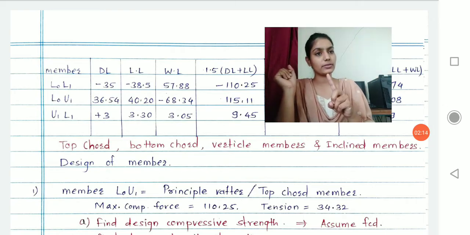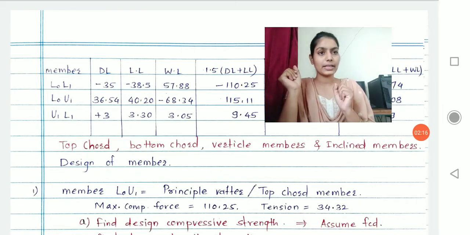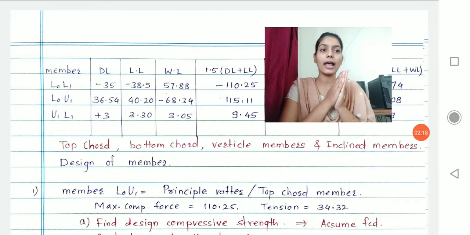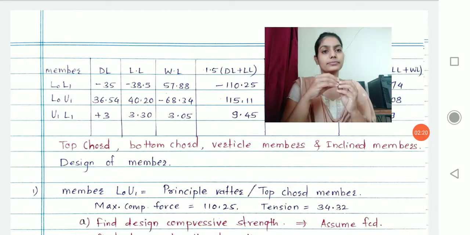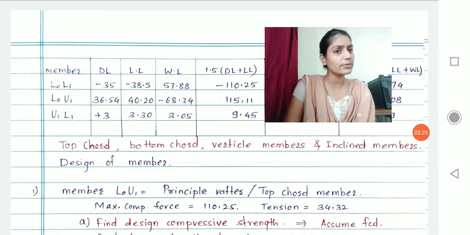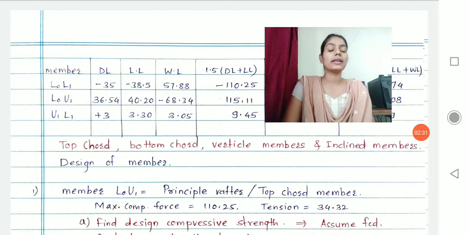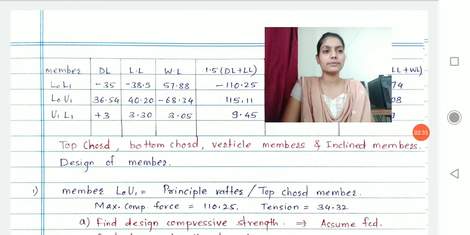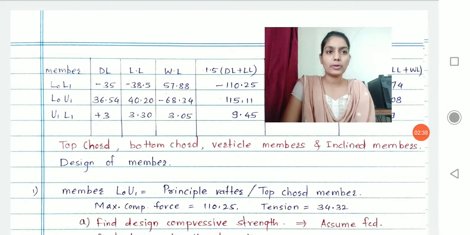First is the compressive forces and second is the tensile forces. But while designing, irrespective of its nature of force and what magnitude of force it is carrying, we have decided on 4 classifications ahead. Those classifications are top chord member, bottom chord member, vertical and inclined members.